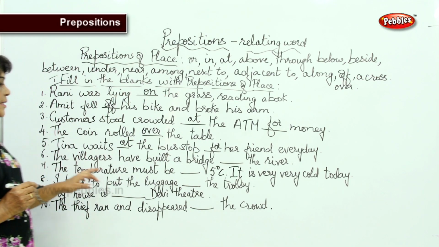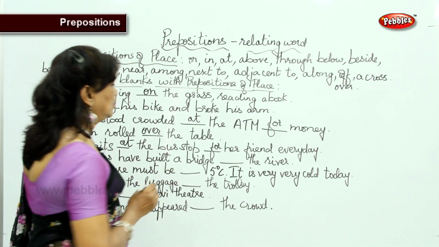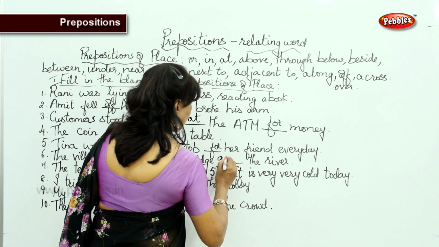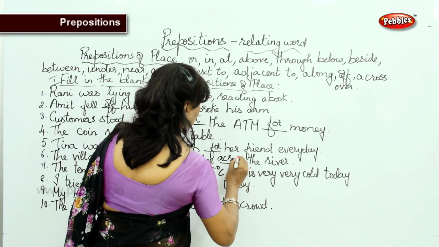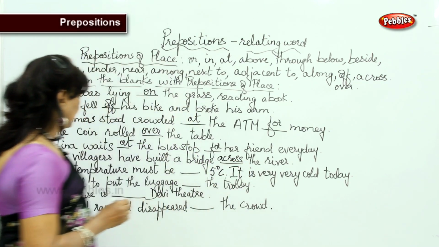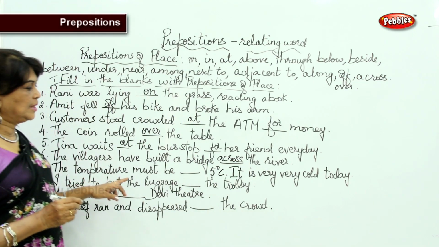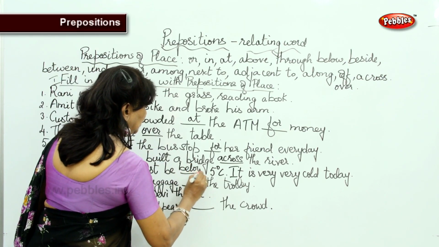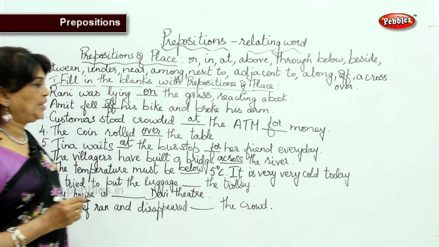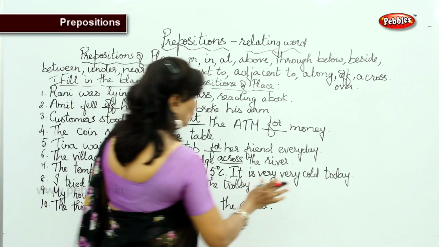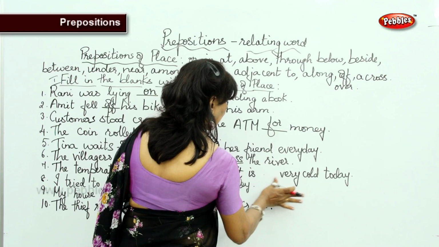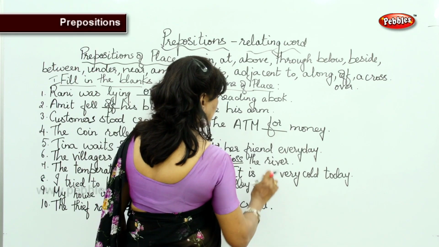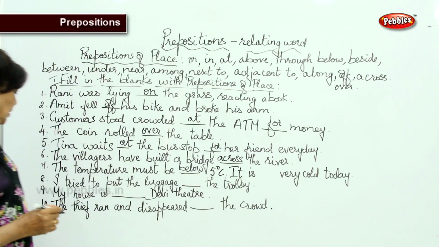The villagers have built a bridge across the river. The temperature must be below 5 degrees. It is very cold. It is very cold today.